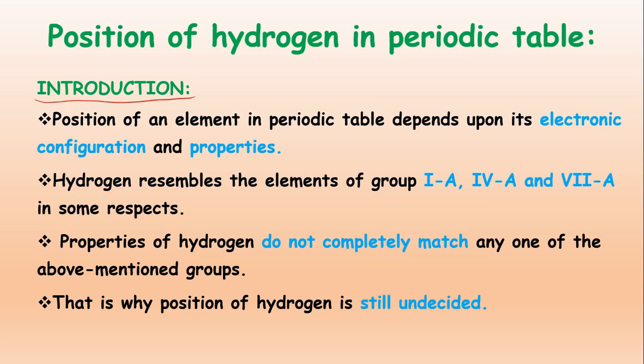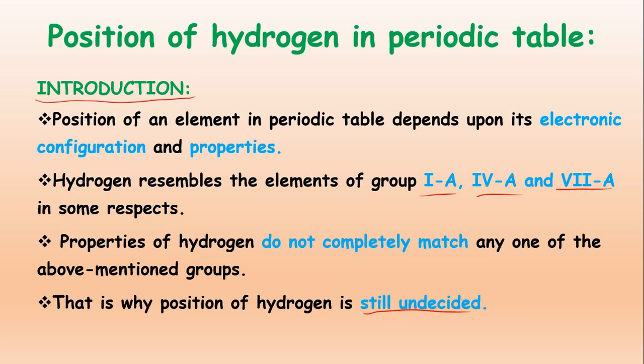Hydrogen resembles the elements of 1A, 4A, and 7A in some respects. Properties of hydrogen do not completely match any one of these groups, 1A, 4A, and 7A.